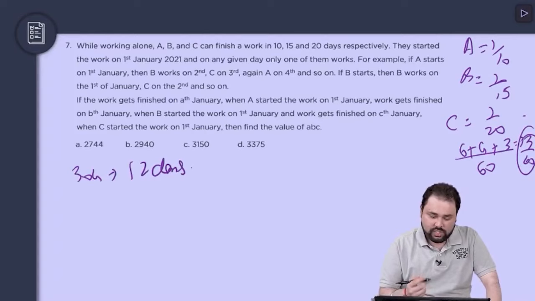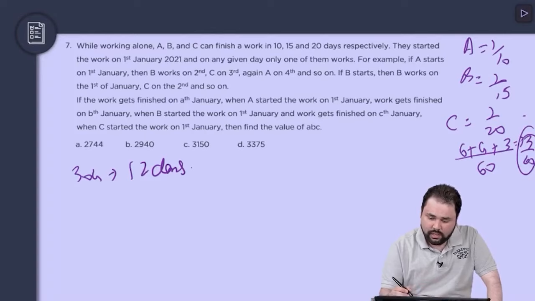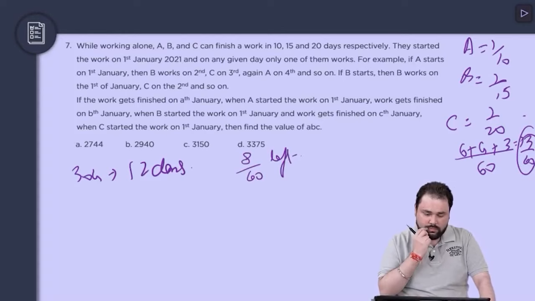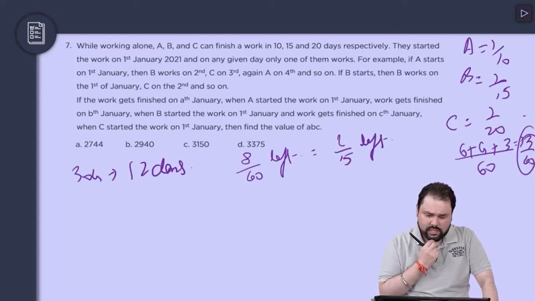And then if we start with ABC, 12 days gone, the 13th of Jan, then it will be A. A will do 1/10 of the work. After 12 days, I've done 52/60, so I'm left with 8/60. 8/60 is equal to 2/15 left.